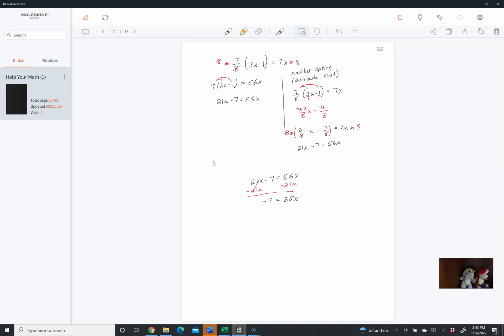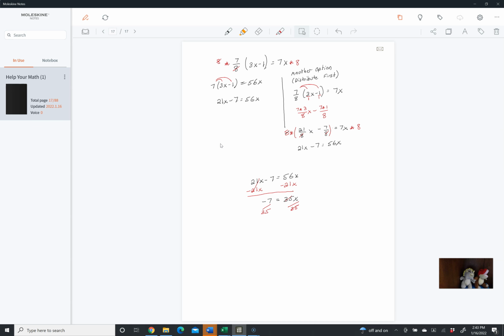And now again, we're using inverse operations here, so we can divide both sides by 35. We're dividing by 35 because we want to get x by itself. We're multiplying x by 35, so to get rid of it, we divide by 35, inverse operation.